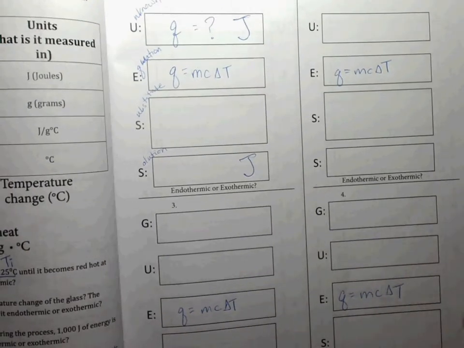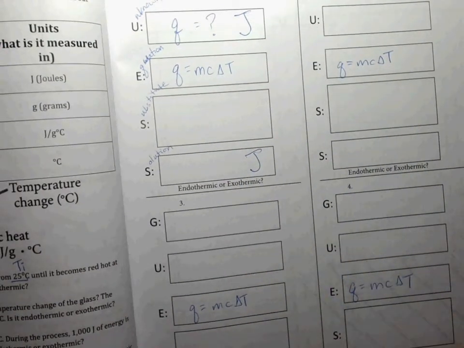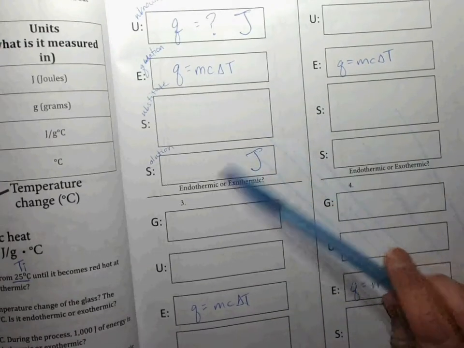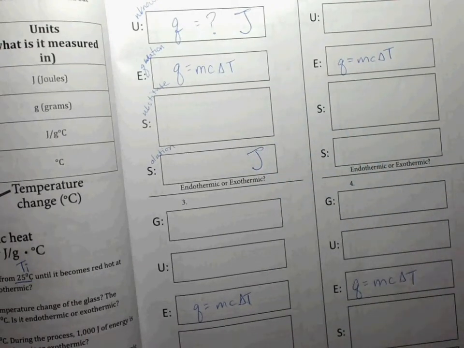So if you're taking a quiz, as soon as you see the guess boxes, stick Q equals mcT in those equation boxes. I'm even going to write it on the board. You don't even have to memorize it. Stick it in that box and you've already got yourself a point. So easy. Just copy it off of the board straight into that equation box.